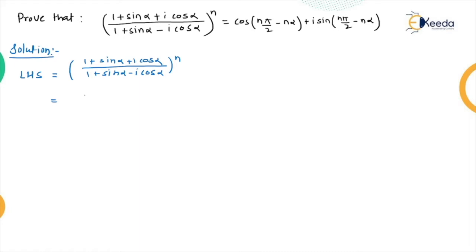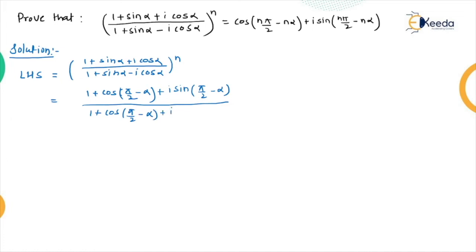So this can be written as 1 plus, sine converted to cos, cos of (π/2 − alpha), plus i times cos converted into sine, sin of (π/2 − alpha), and total divided by the denominator converted the same way: 1 plus cos of (π/2 − alpha) minus i sin of (π/2 − alpha), and the total bracket to the power n.